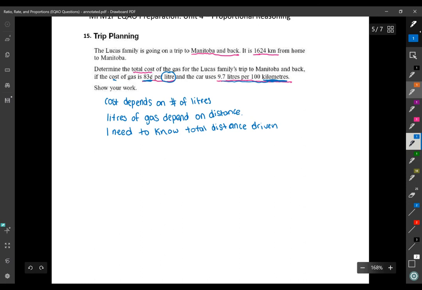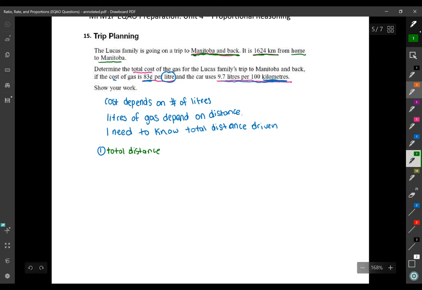That's step one, okay? So step one, total distance. So I know that they're going to Manitoba and back, okay? It's a two-way trip, and it says it's 1,624 kilometers from home to Manitoba.